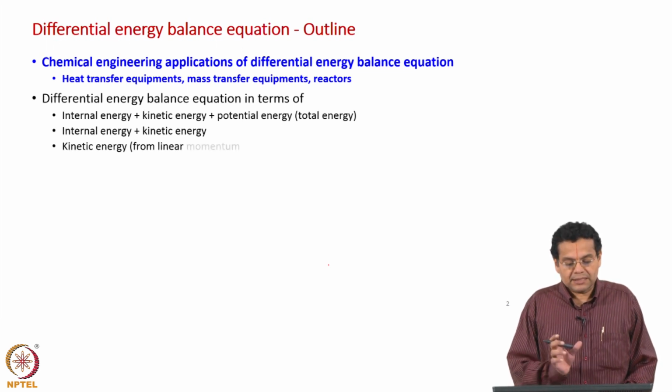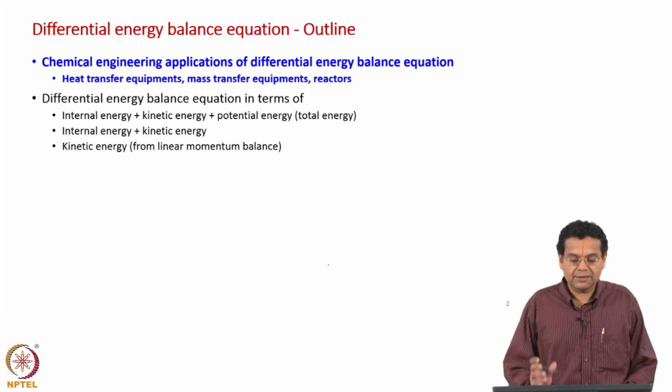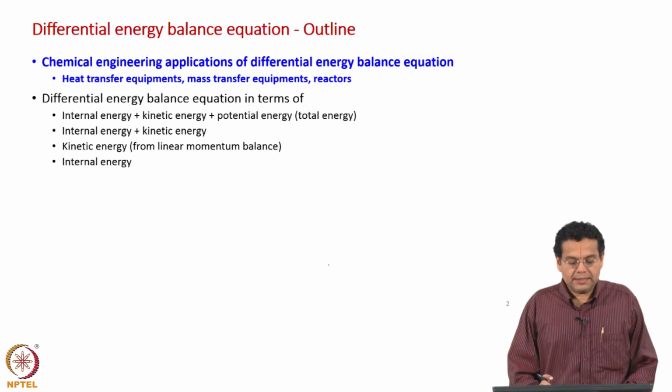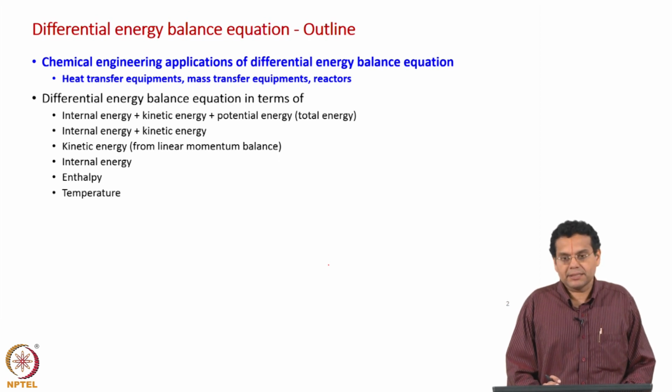Then we derive a separate differential energy balance equation for kinetic energy starting from the linear momentum balance equation, and then with the last two equations we can get an equation for the internal energy, and from the differential energy balance equation for internal energy, using thermodynamic relationships, we express it in terms of enthalpy and then temperature.